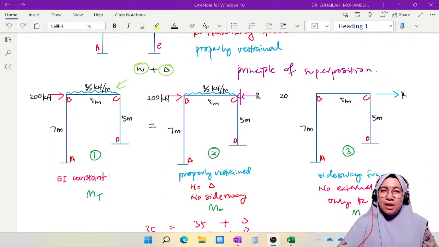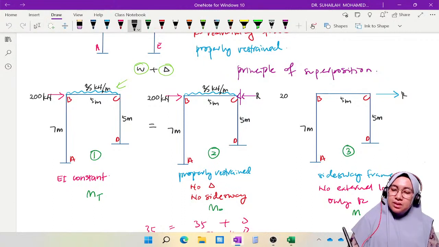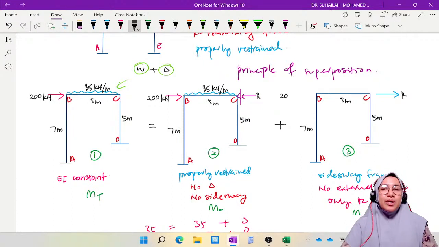It means that table number 1 will be focusing on frame number 2. In frame number 2, there is a restraining force which comes with an artificial pin support at C. So this restraining force R, we have to neutralize with, this is actually plus, a side sway frame.